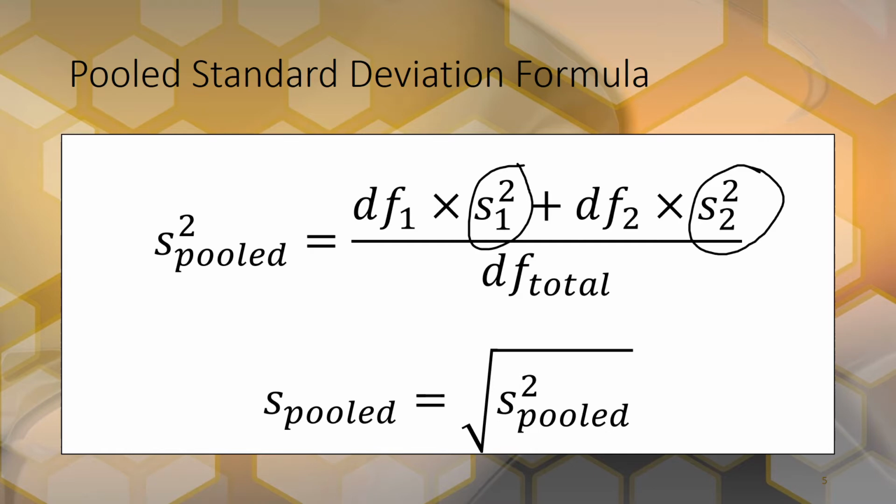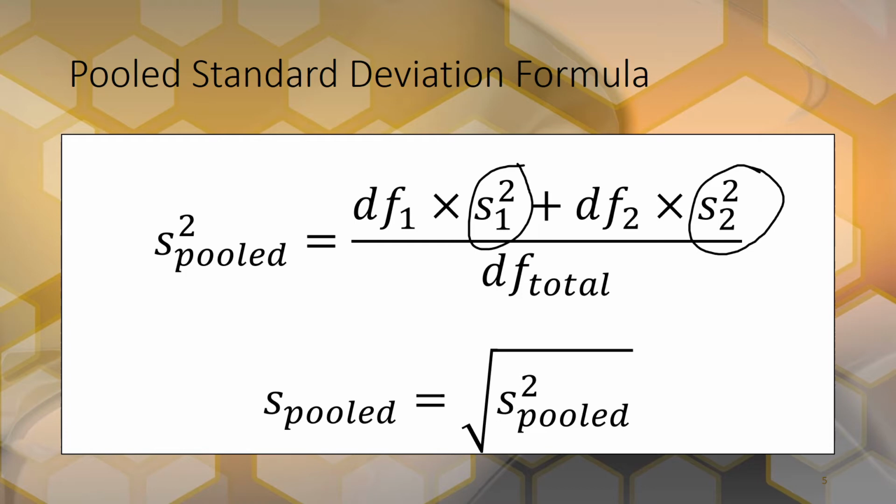Also, look at the formula and you can see how this is a weighted average of the two sample standard deviations. We have 2 standard deviations, but we just need 1 so we can get the standard error.